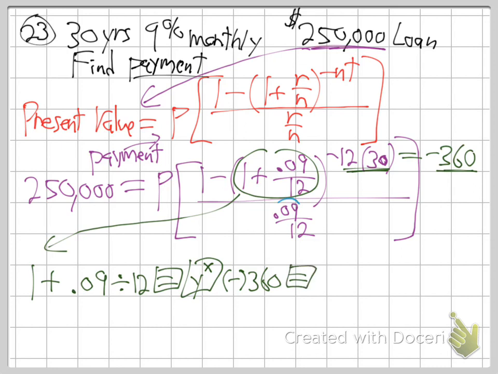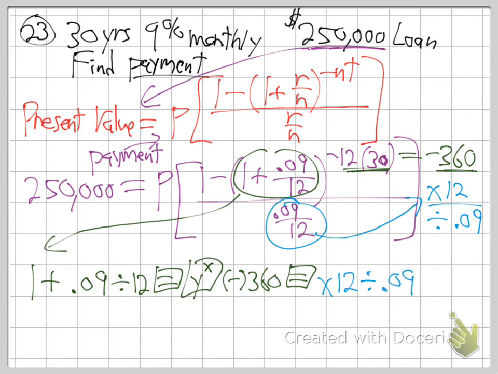And then you got to grab that denominator. Dividing is upside down multiplying, so grab that denominator, flip it up, multiply by 12, divide by 0.09. Oh, I forgot the 1 minus. Don't do that yet. My mistake.